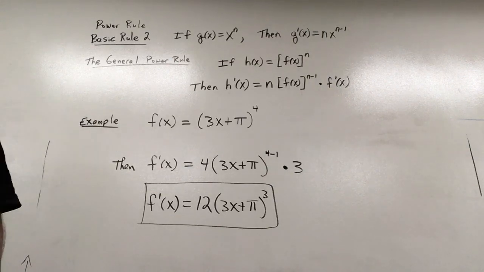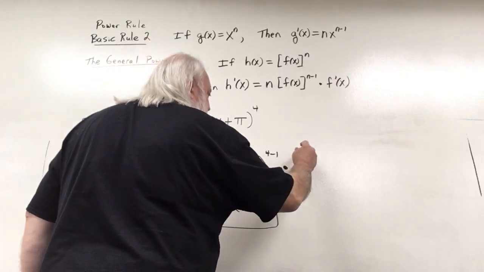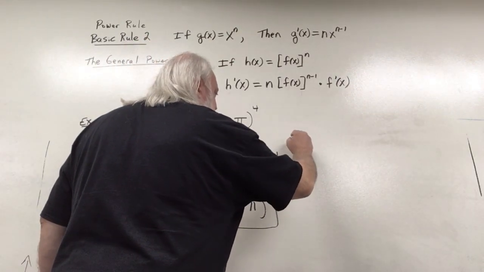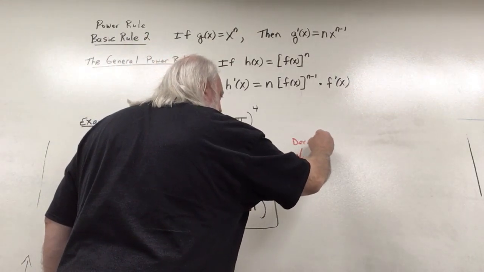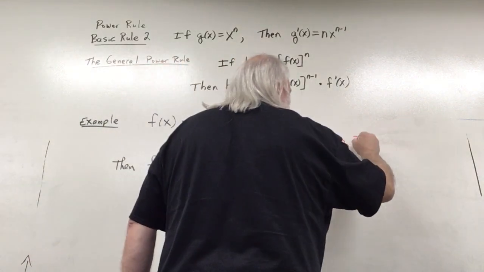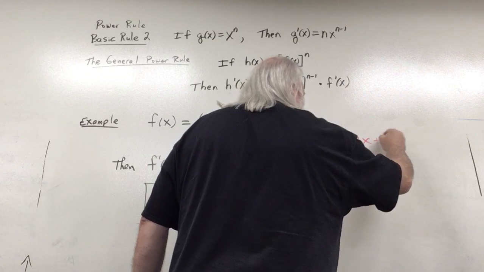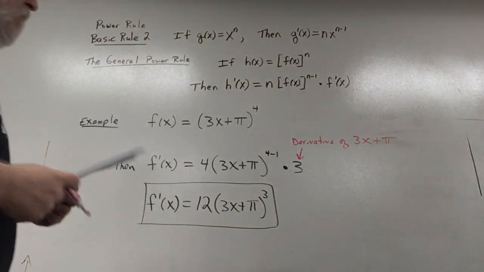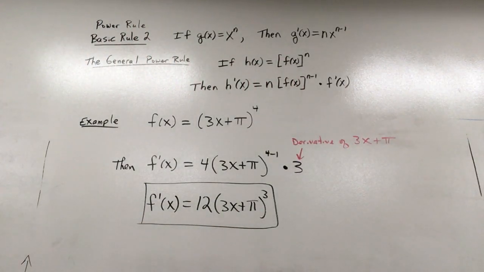So where did this 3 come from? It's the derivative of what's inside the parentheses, the 3x plus pi. That's where that 3 came from.